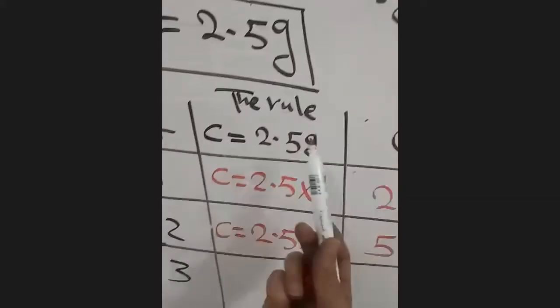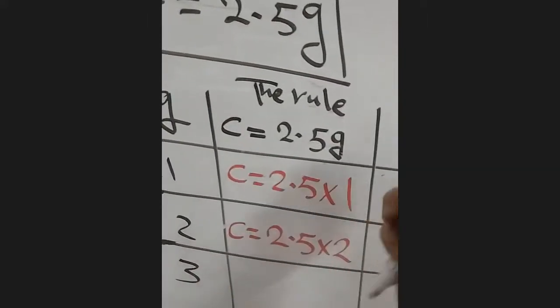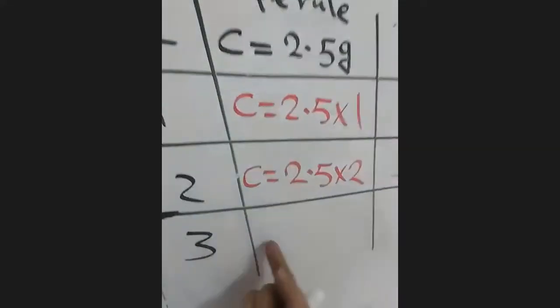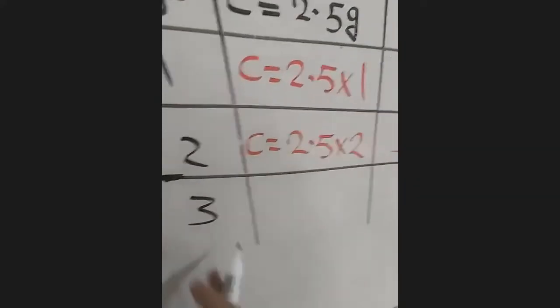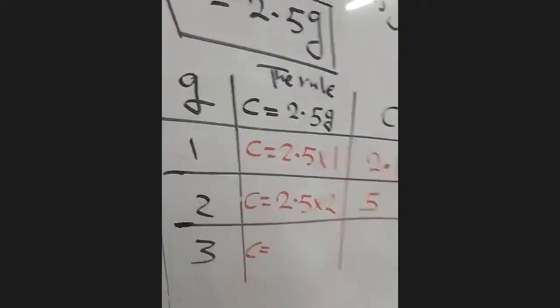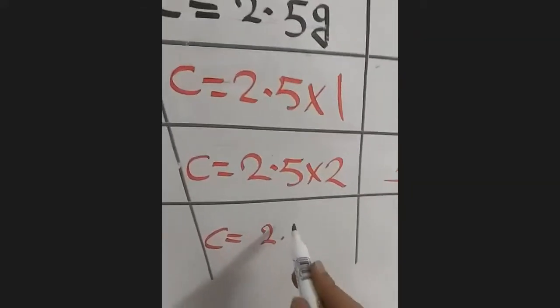See the rule. Do you see this rule? Replace G, C equals only 2.5. Yes, replace G by 3. C equal 2.5 multiply 3.